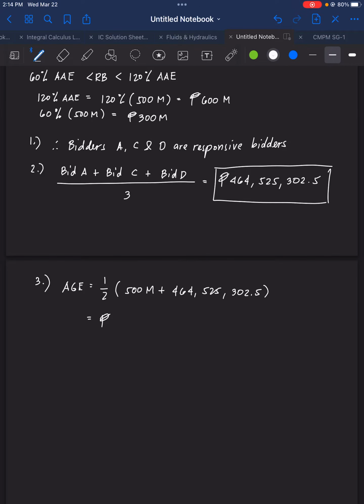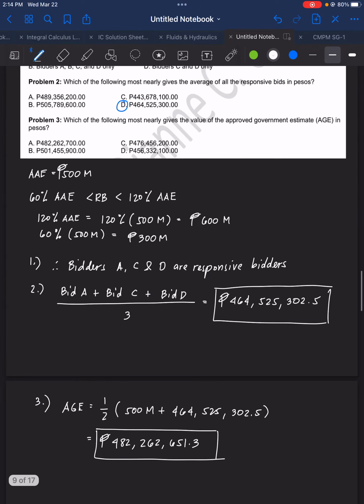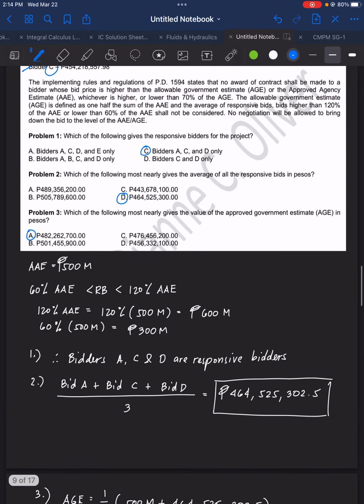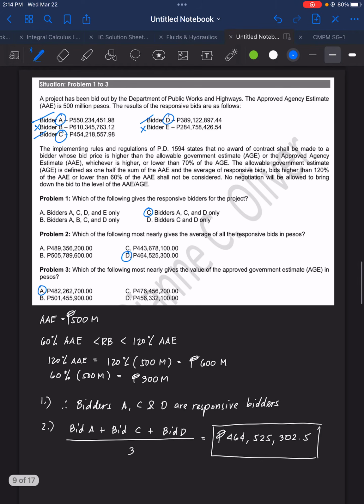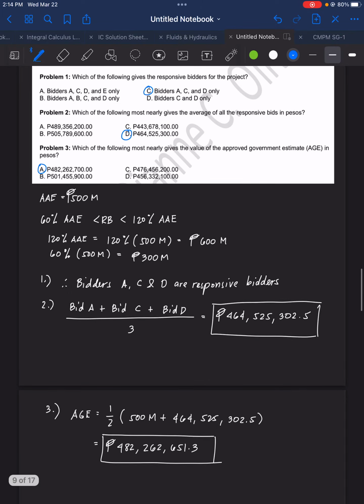So for number 3, we have here 482,262,651.3. Okay. So from the choices, which among the choices most nearly gives the value for AGE? That will be letter A, 482 million pesos. Okay? So that is for problems 1 to 3.